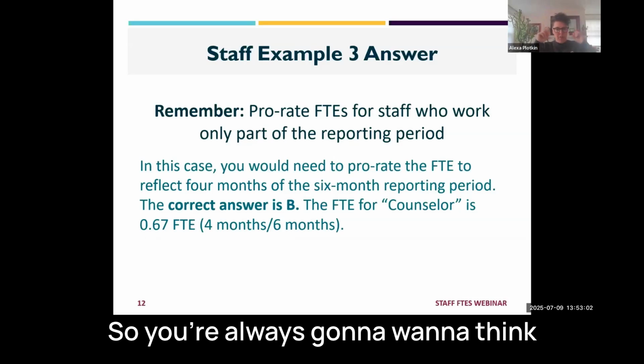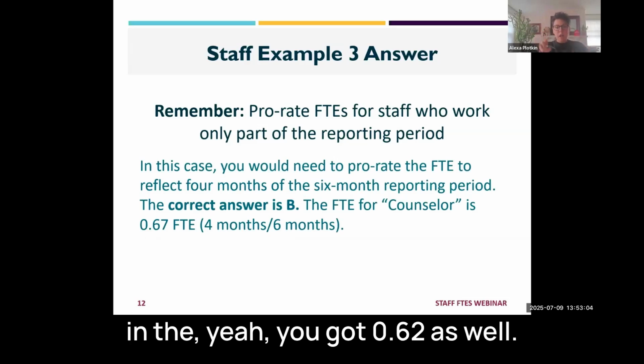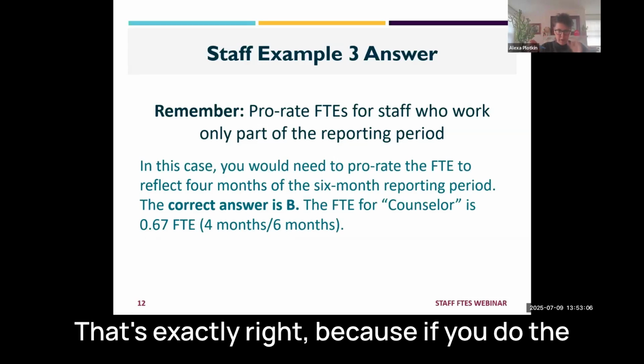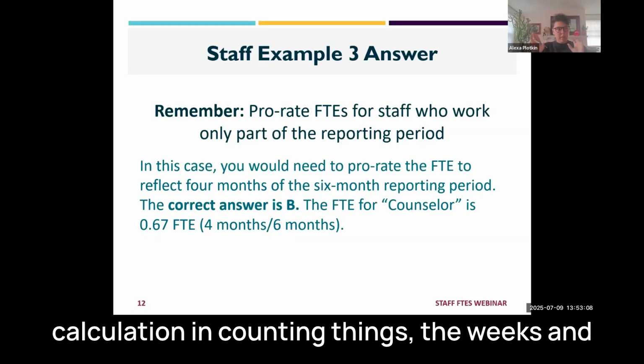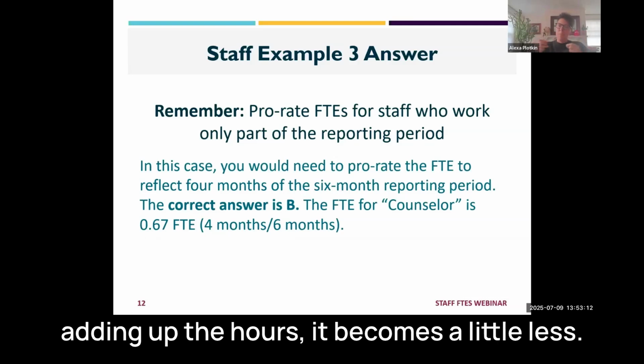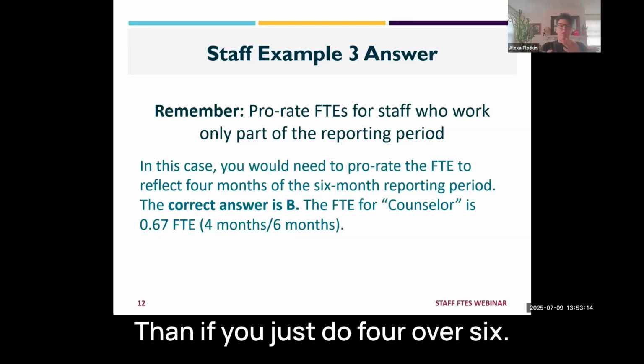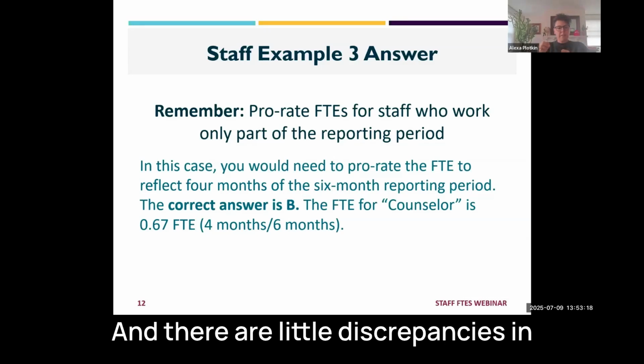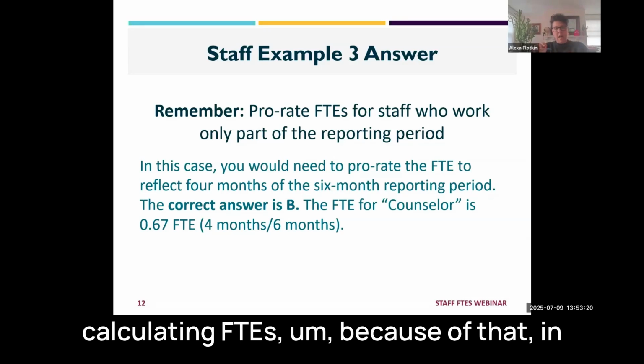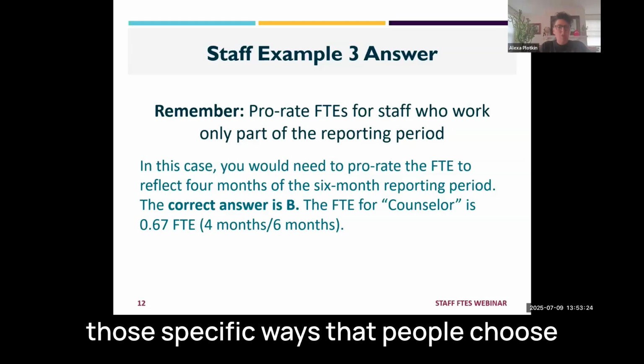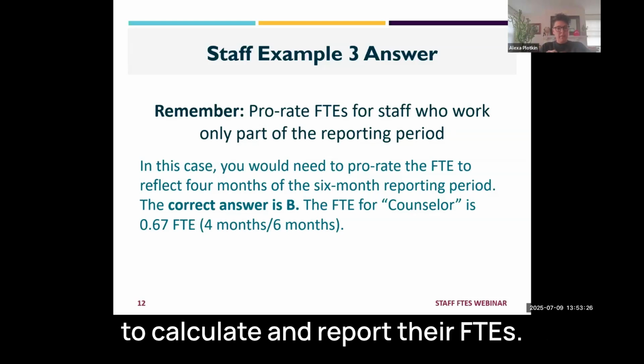You got 0.62 as well. That's exactly right, because if you do the calculation by counting the weeks and adding up the hours, it becomes a little less than if you just do 4 over 6. There are little discrepancies in calculating FTEs because of the specific ways people choose to calculate and report them.